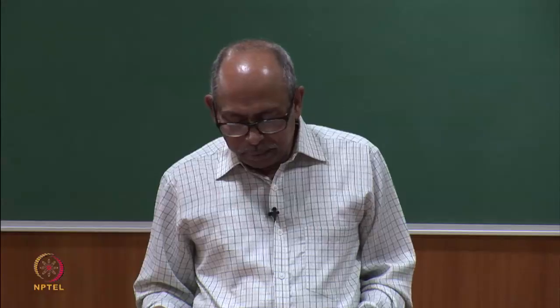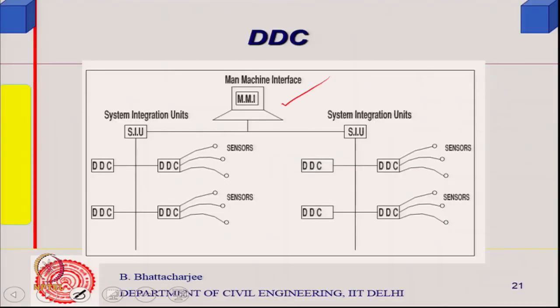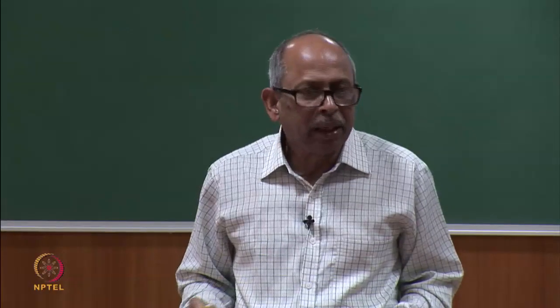Then there are system integration units, the direct digital controls, and sensors in some space from where the direct digital controls take input, and finally it goes to the man machine interface. So, this is schematically what the controlling system looks like for an intelligent building.